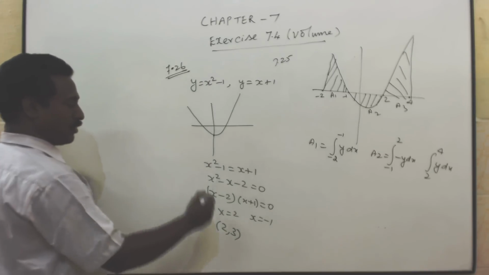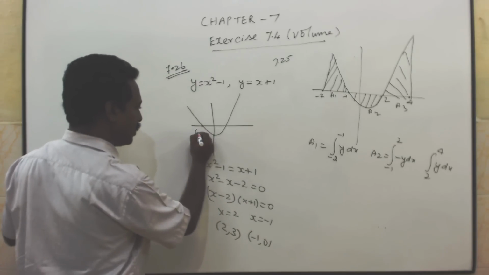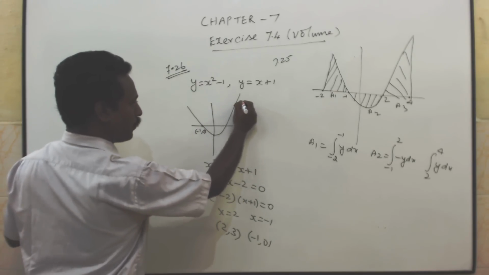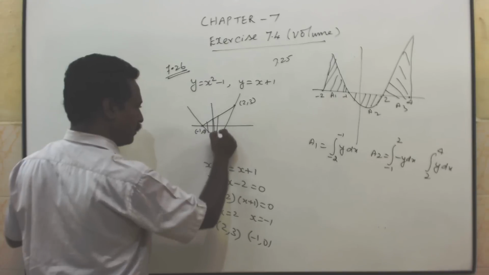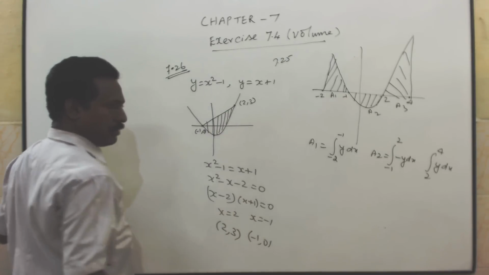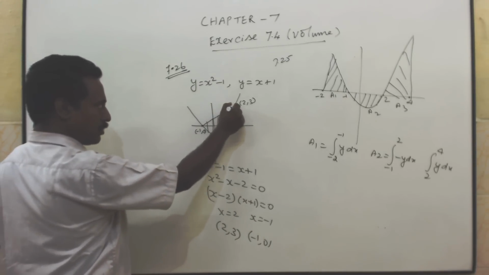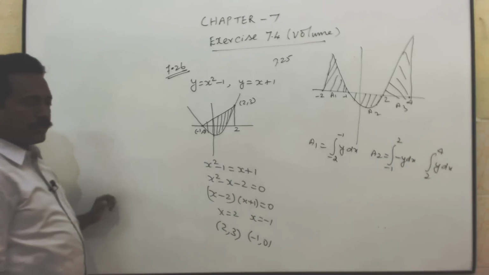When we put x is equal to minus 1, y equal to 0. So, minus 1 comma 0 and 2 comma 3. So, we have to find out this area. The line intersects the y axis. So, this is x is equal to 2.